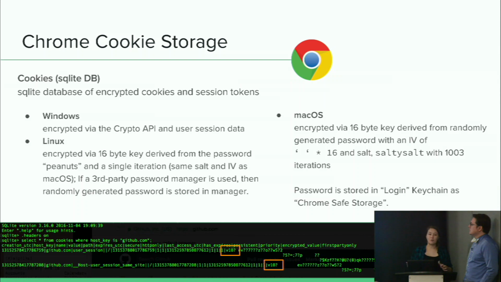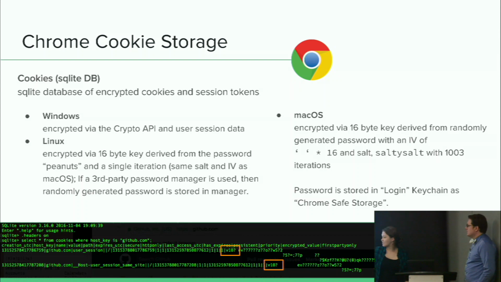Thing is, if there's no third party password manager on the system, then the value that they use to encrypt all the cookies is peanuts. Static, uniform, all across the board, which is a little disappointing. One of the ways that you can tell whether it's been encrypted using peanuts or a random value is, I've got it highlighted below here. This is a SQLite database.